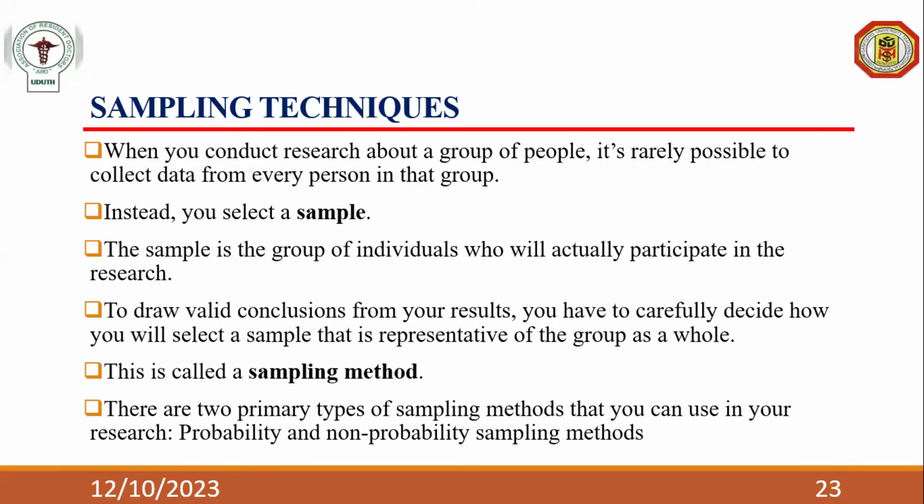So the sampling technique is how I am going to select these 200 from my population. That is what we call sampling technique: the method of selecting the sample size that you have calculated.